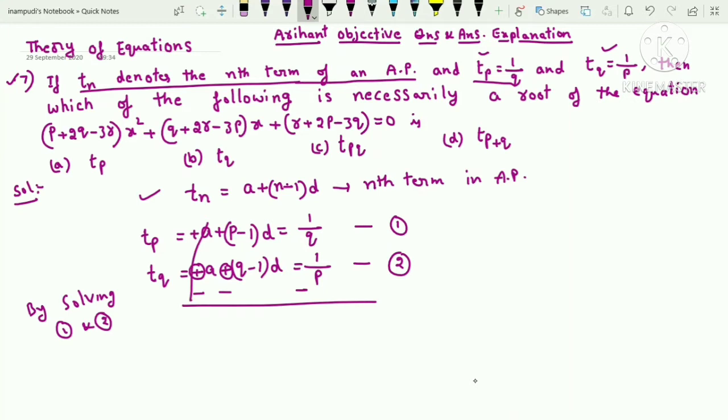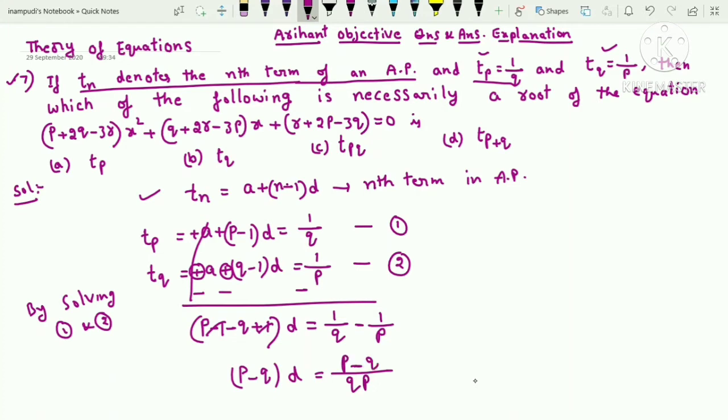Here (p minus 1) d, common: (p minus 1 minus q plus 1) into d is equal to 1 by q minus 1 by p. Plus 1 minus 1 cancel. (p minus q) into d is equal to (p minus q) by LCM pq. Here p minus q cancels.